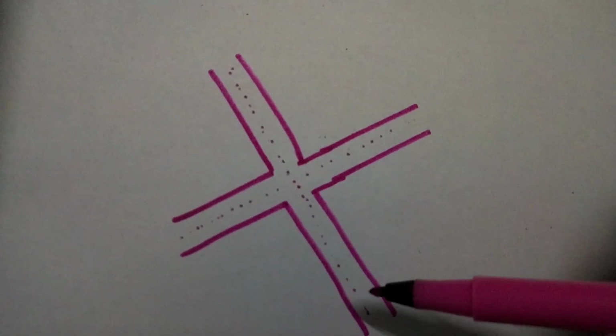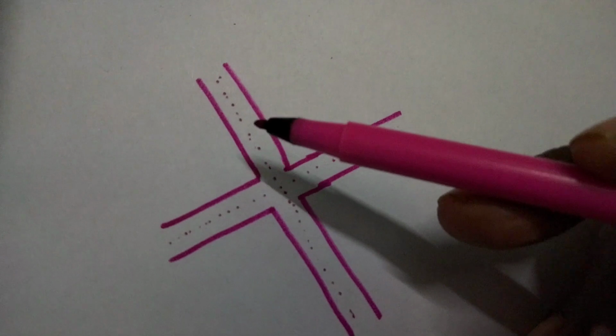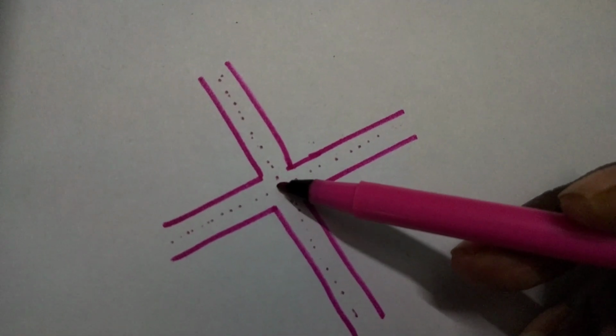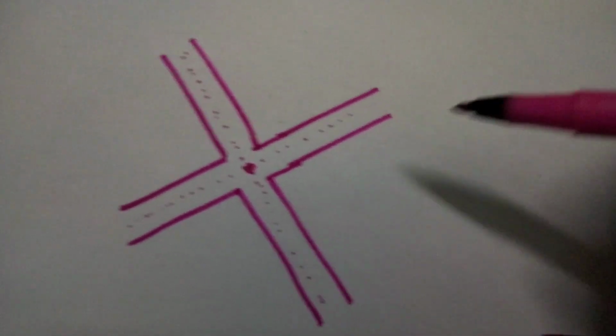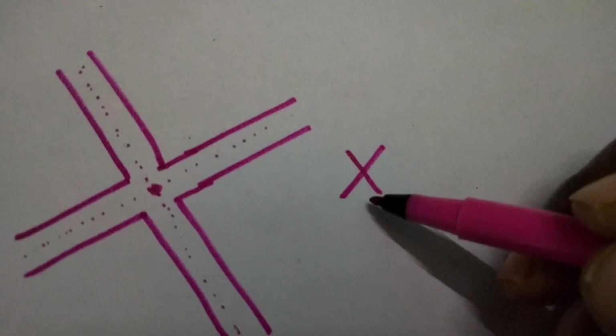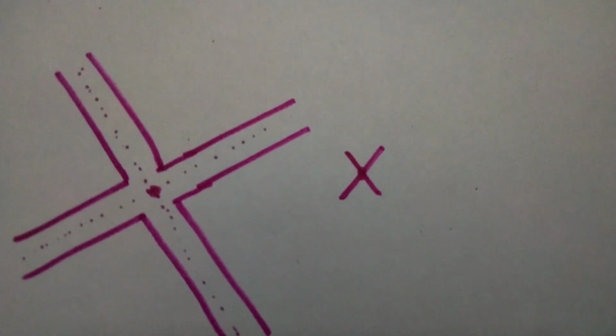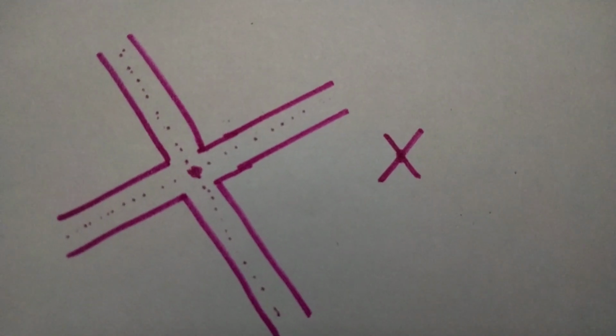That means it's a straight line, and here also a straight line. So it meets at one point, isn't it? So this we call as intersecting lines, and in letter X, see, there is a meeting point. So these are the examples for intersecting lines.